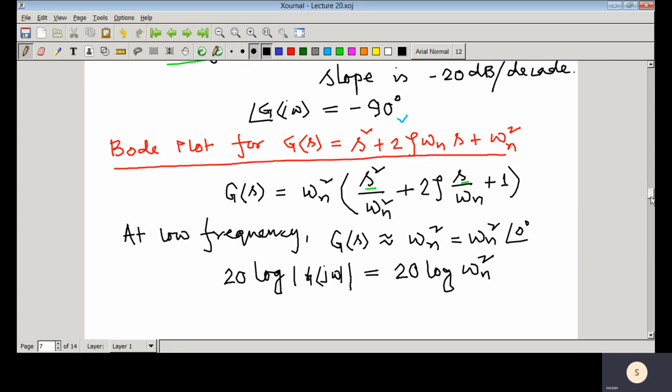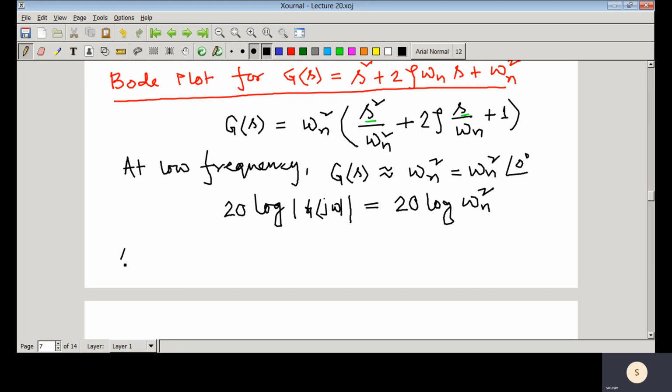that what happens in case of high frequency.